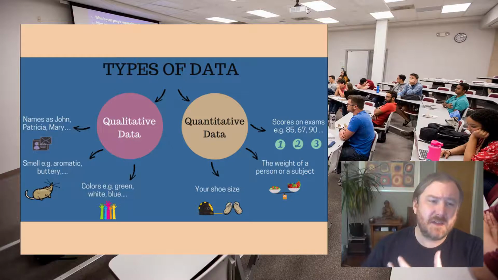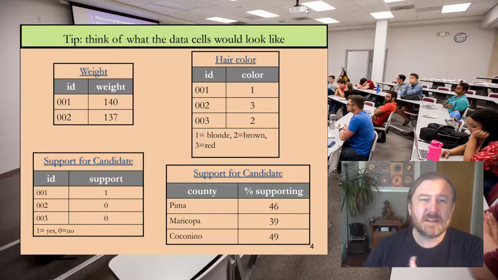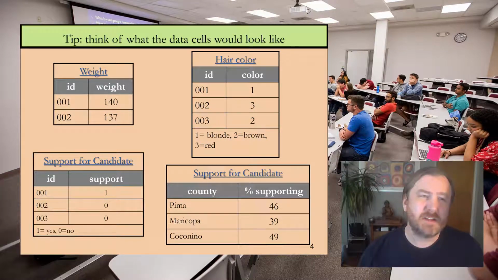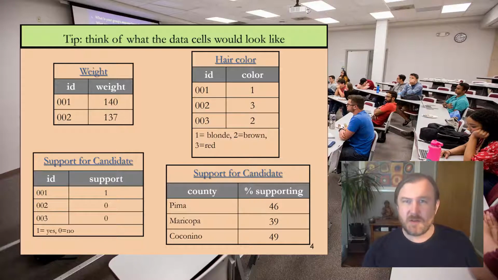Another way that you can think about whether it's quantitative or qualitative is to think about what the data would look like if you were recording it. If you went out and asked people their weight, person 1 weighs 140. Person 2 weighs 137. How much do they both weigh?